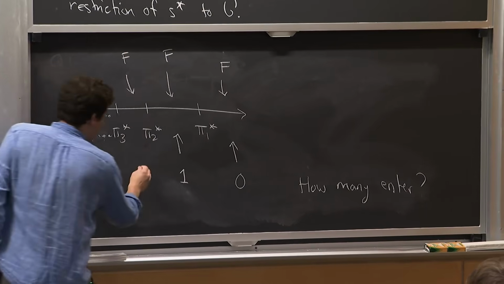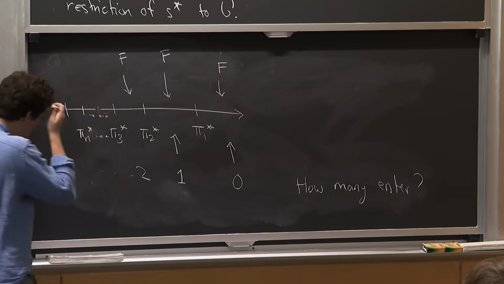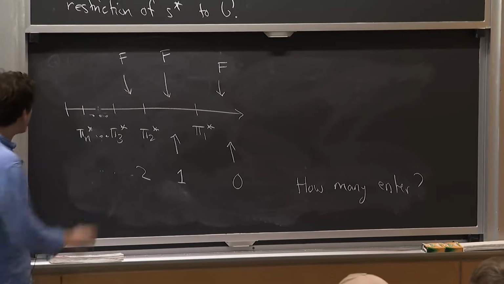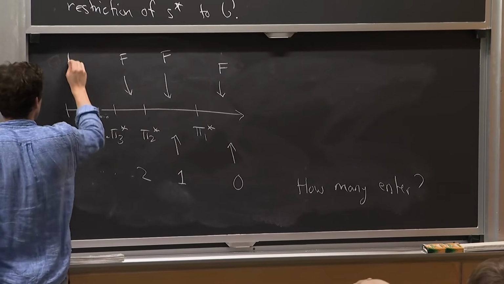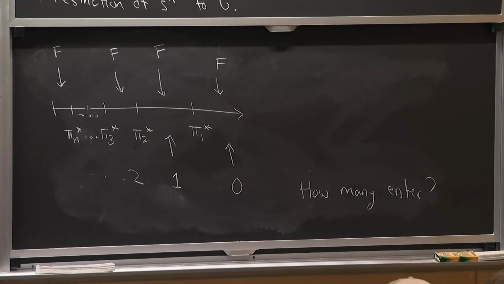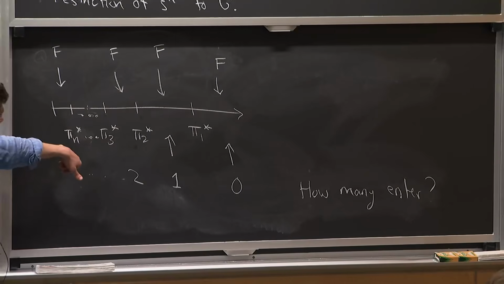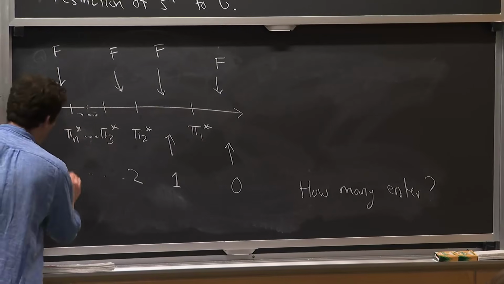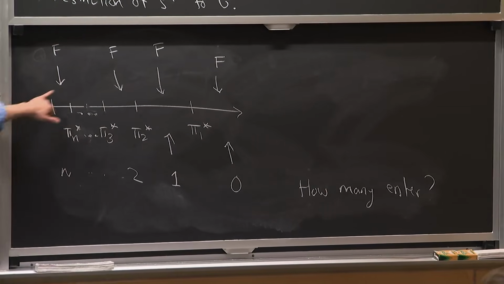Down to here, 2 are going to enter. We're going to keep going. And I guess the tricky thing is what happens if f is here. If f is smaller than pi n star, then actually all n are going to enter. And even if f gets all the way down to 0, there's no more firms than n that can enter, right? So we can't continue this pattern indefinitely because there's only n firms. The most that can happen is they all enter.